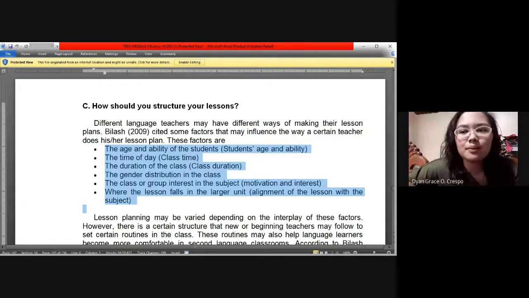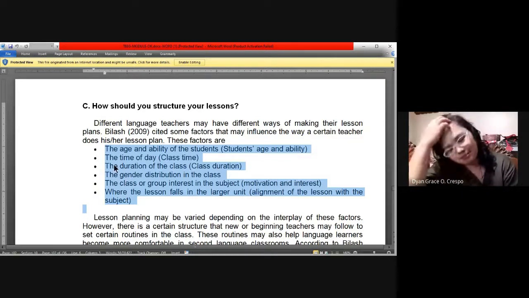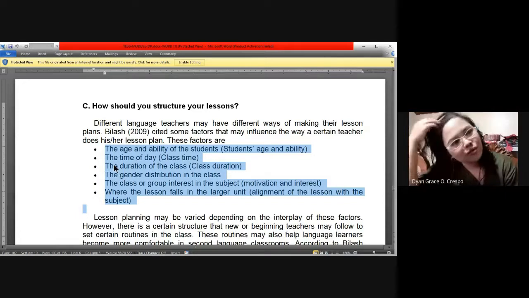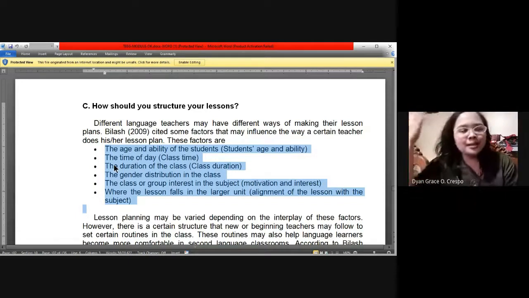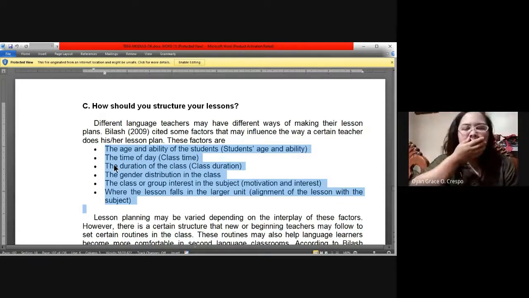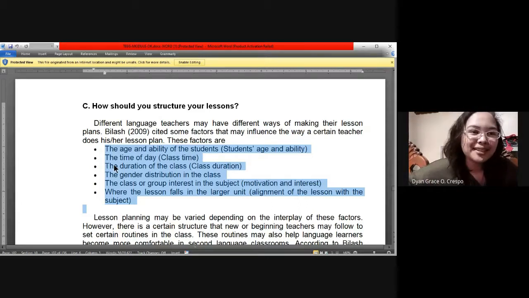Time of the day, of course, is very important. This is what I have discovered from my colleagues. Na-discover ko sa kanila na ayaw nila magpalagay sa recess. Hindi ko alam bakit. Kasi, the recess, ang mga bata kumakain ng chocolate. So, sobrang energetic sila.